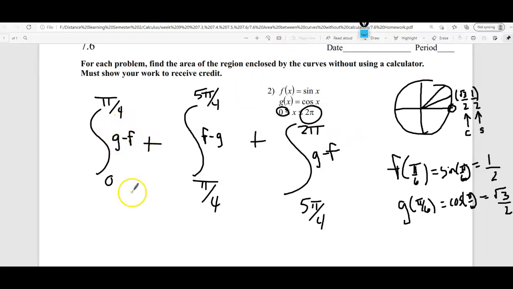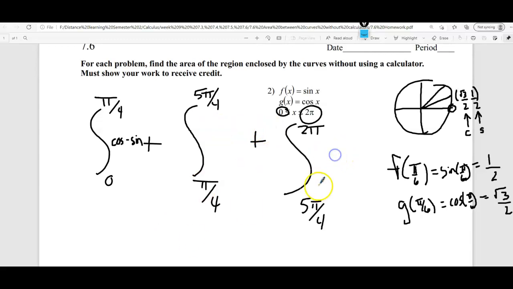Okay, so let's go ahead, and what I think I'll do here is replace these now with what they actually equal. I don't have a lot of screen space, so I'm just going to delete what I wrote here. So instead of putting g minus f, I'm going to put cosine minus sine. And then in the next spot here, I'm going to put the opposite, which is sine minus cosine, because it flips.